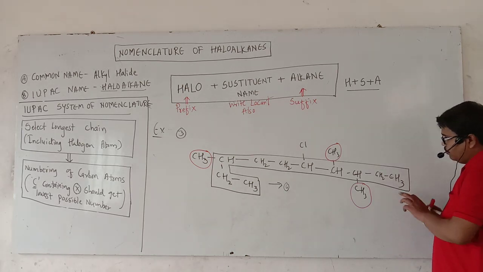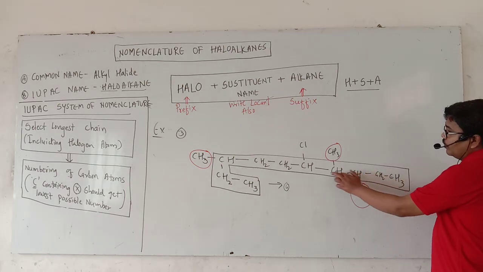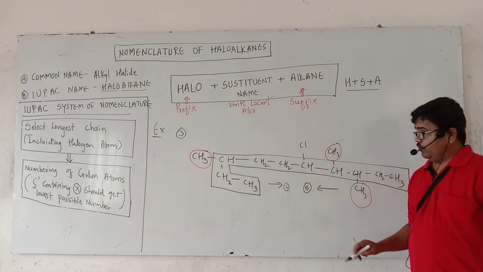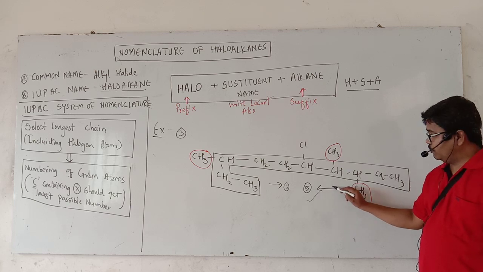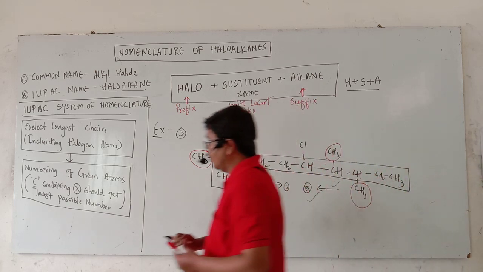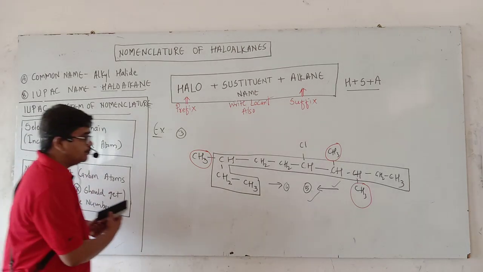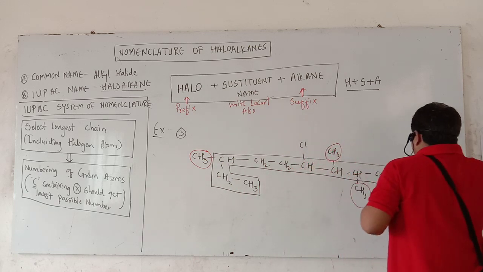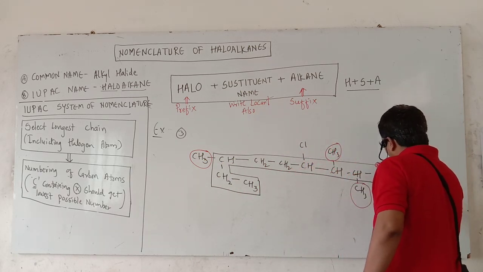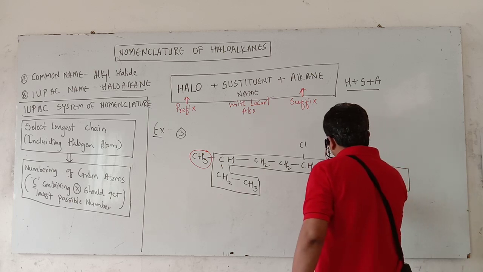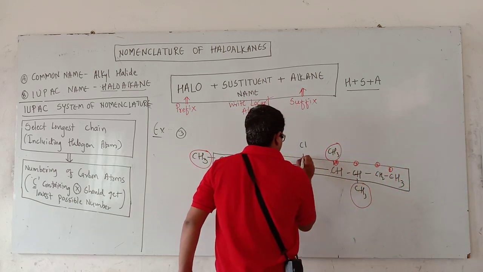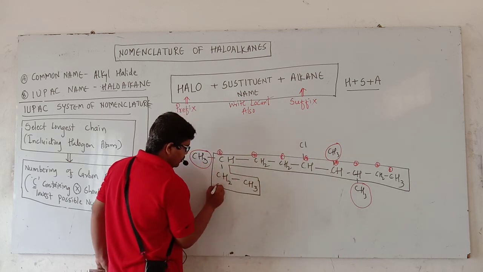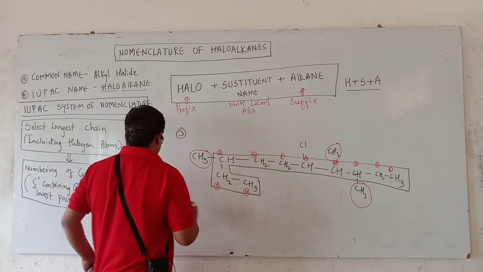And if I will do numbering from this side, 1, 2, 3, 4 and 5. If I will do numbering from this side, it will get 5. Which is the lowest number? 5. So this number is correct. So I will do numbering from this side. So this is carbon number 1, 2, 3, 4, 5, 6, 7, 8, 9 and 10.